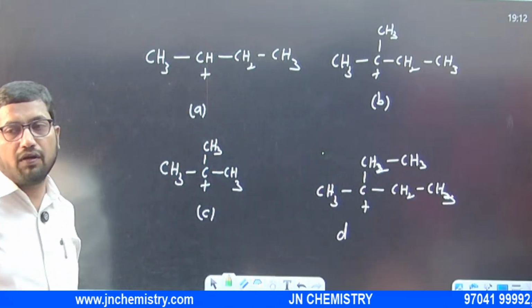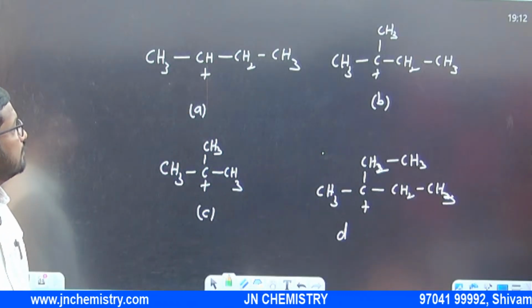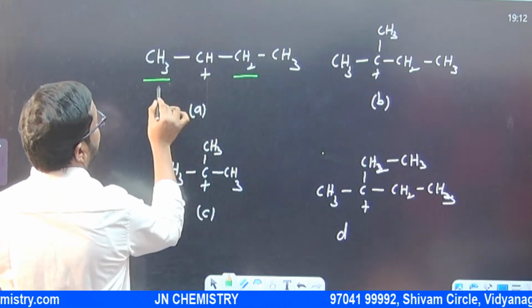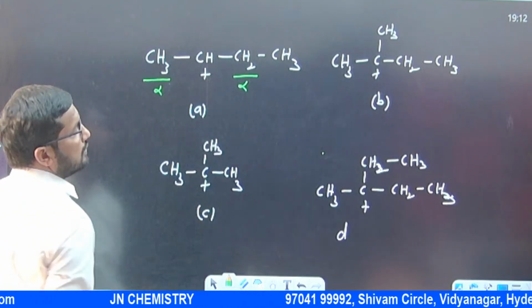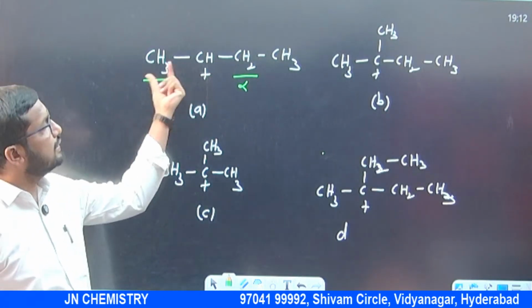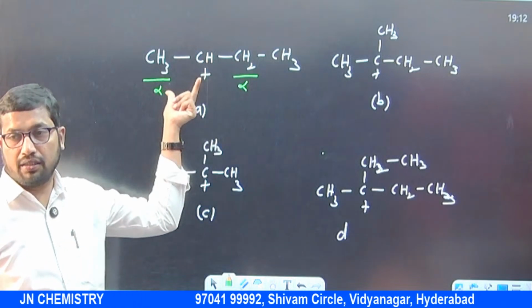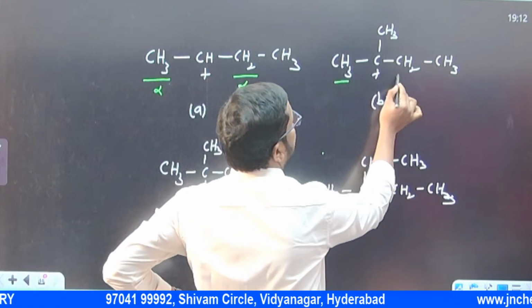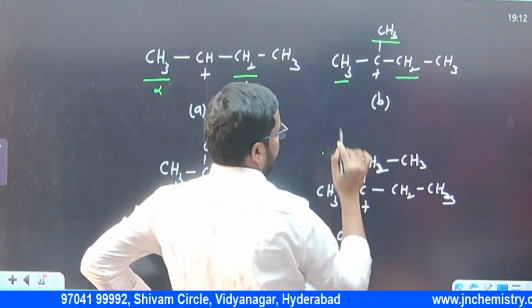What are alpha carbons? First case. This is alpha, alpha. Carbocation adjacent carbons, okay? In this case, how many alpha? 3.